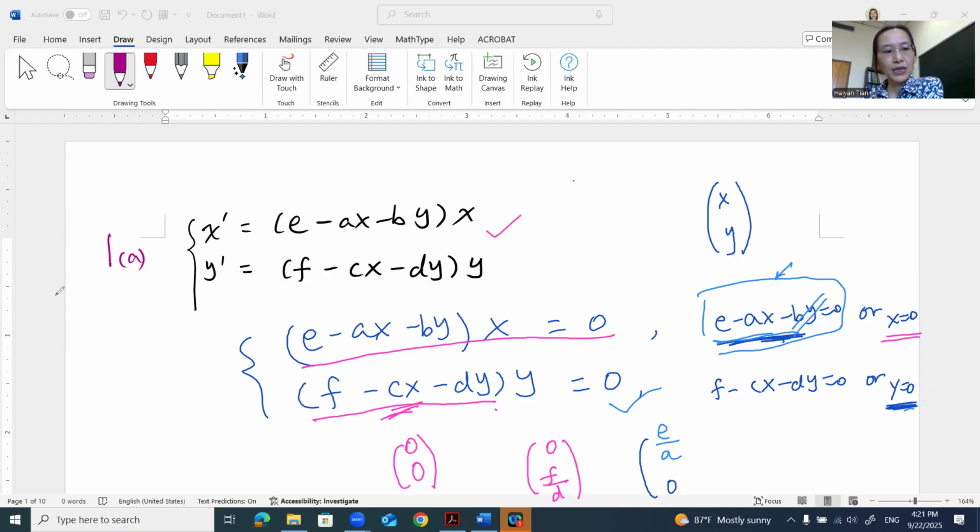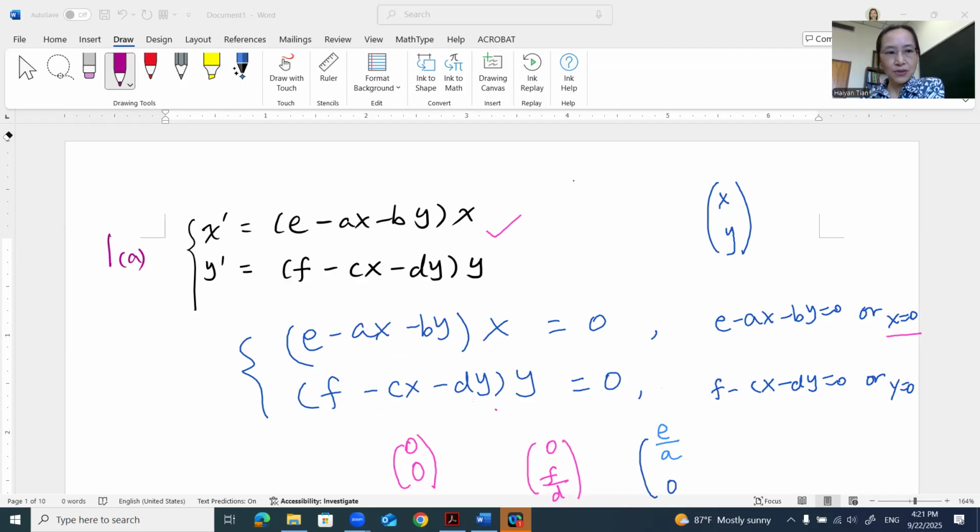So other than the 0, 0 solution, we have other equilibrium solutions as we have seen here.